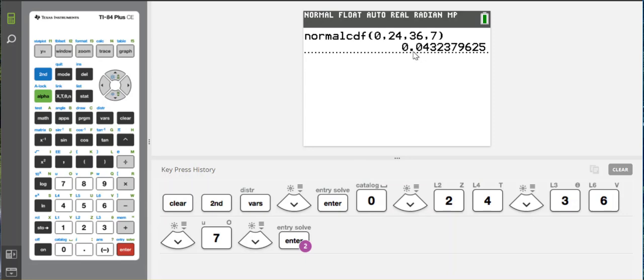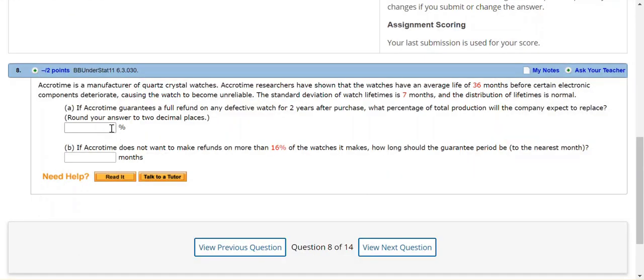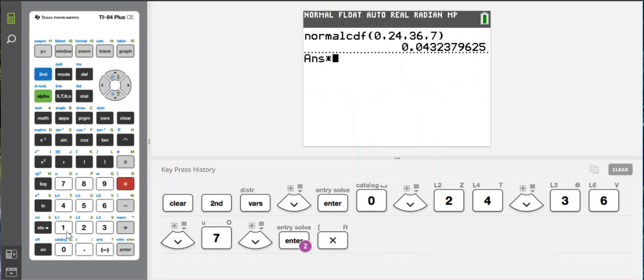So this is 0.0432, and then I have to be careful about how it's asking. See how it puts the percent symbol here? So it wants it in percents. I have to multiply that number by 100, and that'll tell me percent.